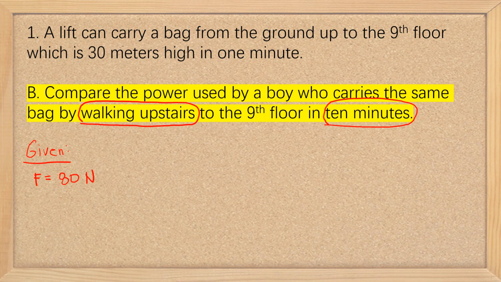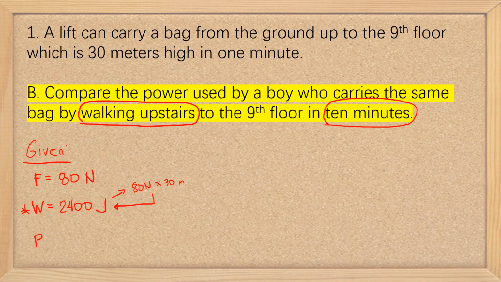So we will still have the same value of your work, which is how much? 2,400 joules. Okay? So how did I get again 2,400 joules? I got it when I multiply 80 newtons multiplied by 30 meters, and you will get an answer of 2,400 joules.